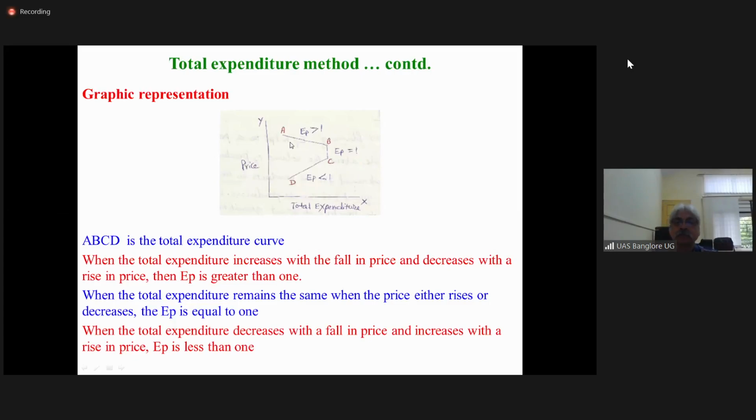Now here in this graph, ABCD is the total expenditure curve.